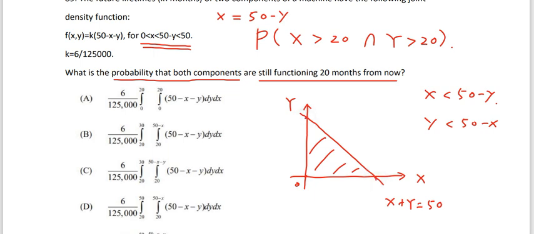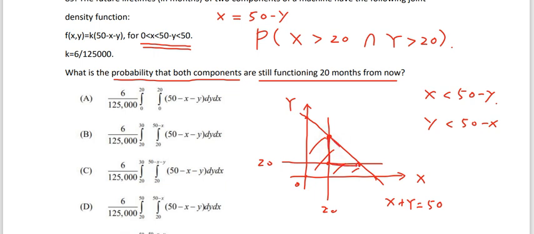Okay, so now where is X larger than 20? So here we put 20. So X larger than 20 is this part. So Y larger than 20, here 20. So we know this integration region is this triangle, right?